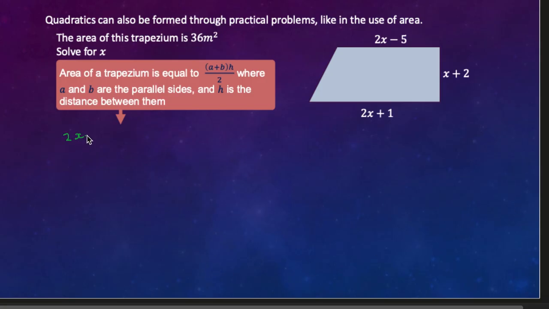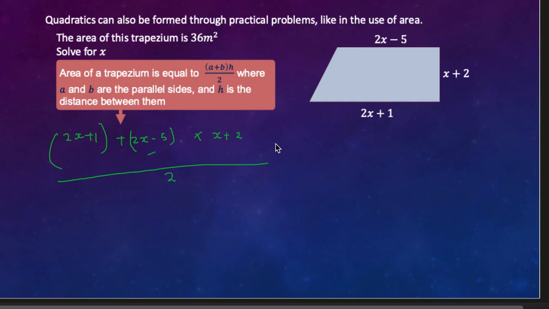We have 2x plus 1 plus 2x minus 5, that is the B, times the H, which is x plus 2, and then over the 2.